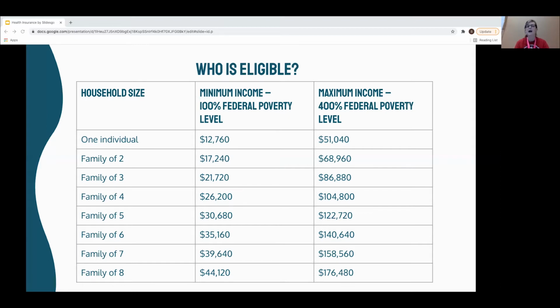If you had a household of more than 8, you would have to add $4,400 and $480 for each additional person in your household size. You're eligible for premium reduction when you fall between these lines.